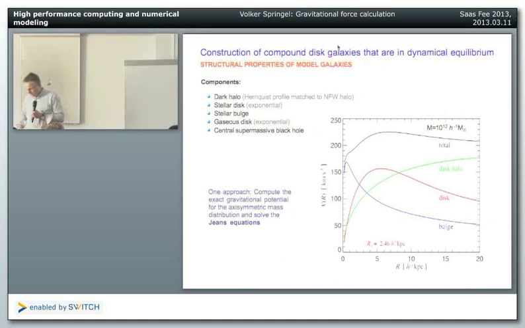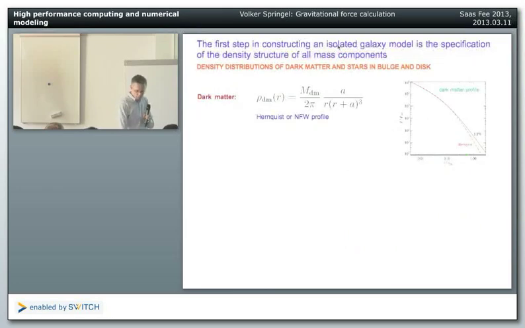Often, however, you would like to have perfect freedom to choose whatever density you would like. And often you look at axisymmetric systems. Say you make a galaxy model with a stellar disk, a stellar bulge, maybe a gaseous disk, and maybe there's even a supermassive black hole. Then you have an axisymmetric system, and you don't have the opportunity to use analytic distribution functions anymore.